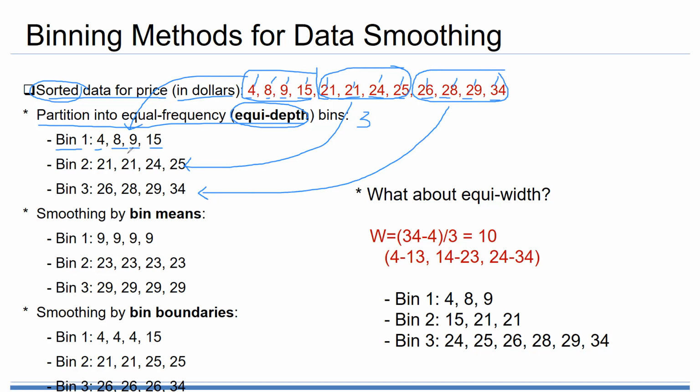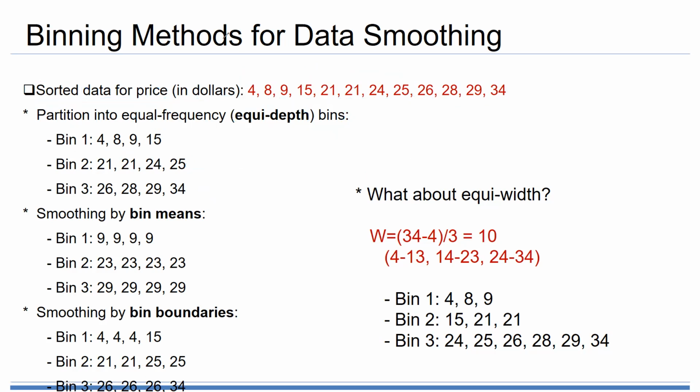Using this kind of bin, we can do the data smoothing. Data smoothing means we want to compact the variance, so the variance of the data should be reduced.